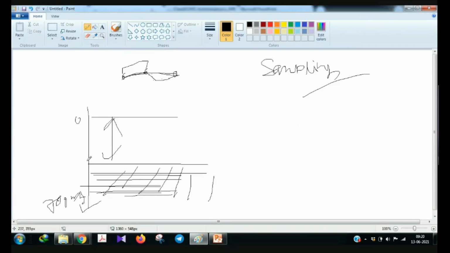There is a technique, but I'll suggest that if it's going for 400 nanoseconds, then you go for, I'll show you an example, 500 nanoseconds. That is the maximum depth of penetration of the GPR signal, and you take somewhat 450 nanoseconds so that you can get this maximum depth of penetration.